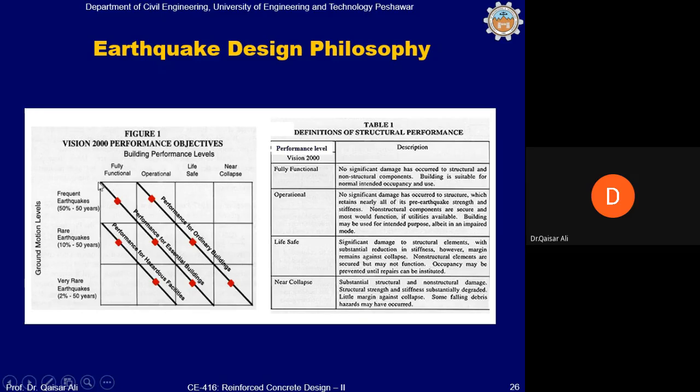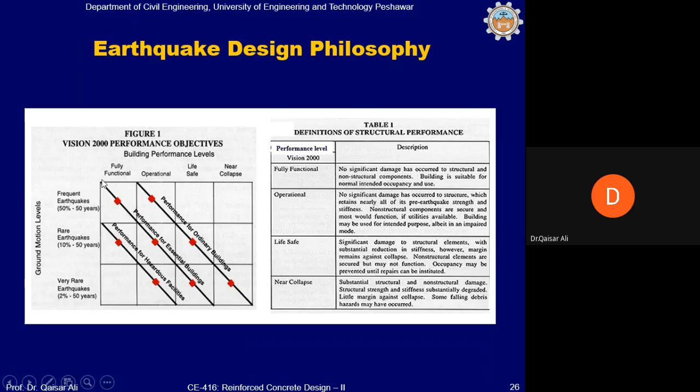Okay, and when you move towards the right in this graph, the functionality of the building decreases. So on the x-axis, there are different performance levels of the building, and on the y-axis, the earthquakes with regard to their occurrence, severity and frequency of occurrence are given.